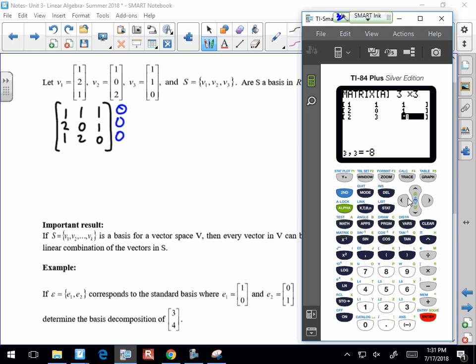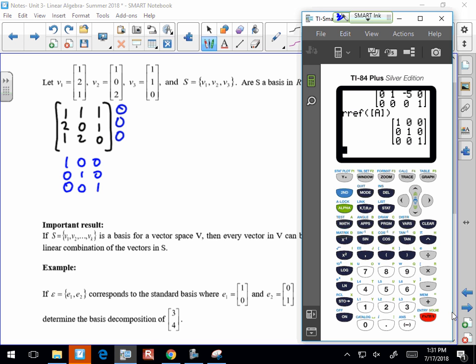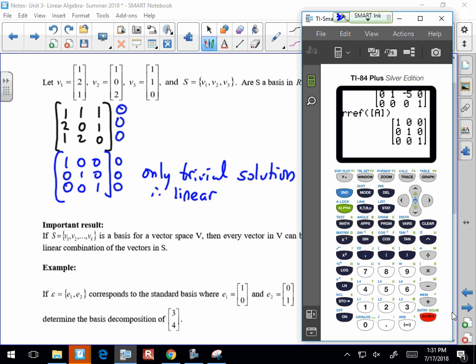Only trivial solution, therefore linearly independent.